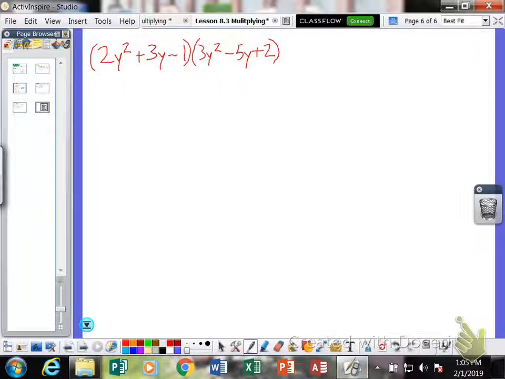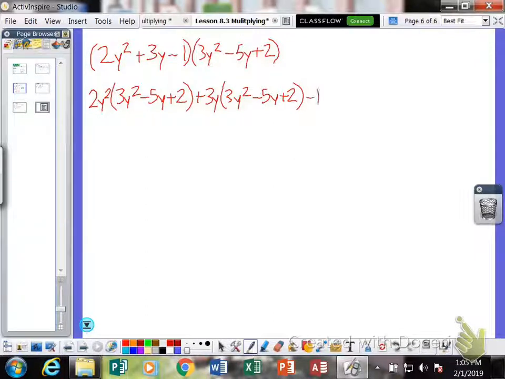Now we're going to use the distributive property here. 2y squared times our second quantity, which is 3y squared minus 5y plus 2. And we're going to take our second term in the first parentheses and multiply it by each term in the second parentheses.